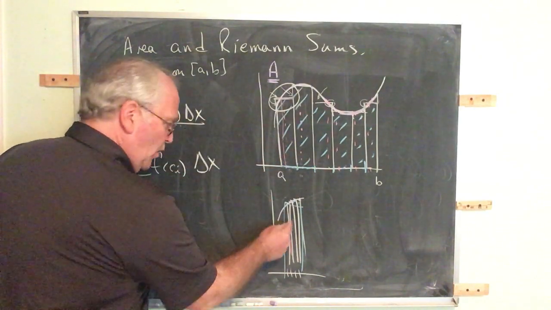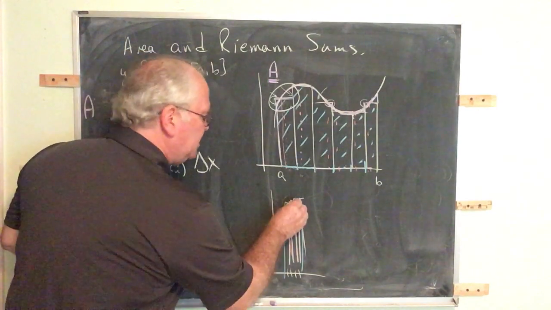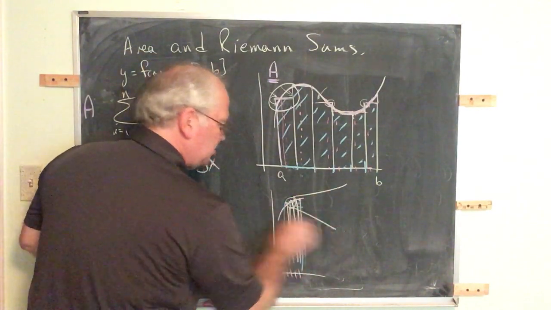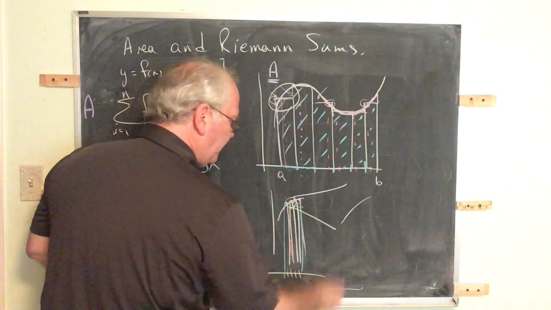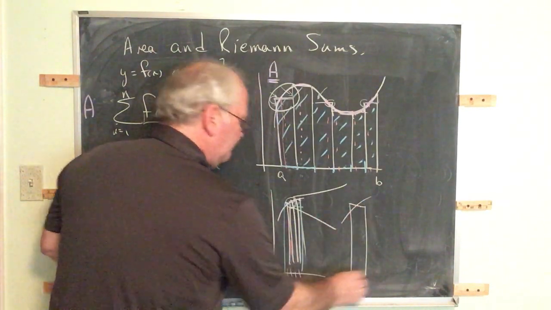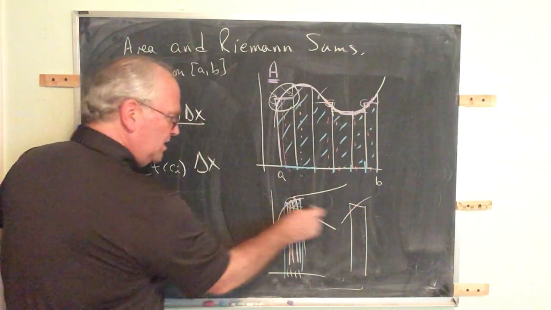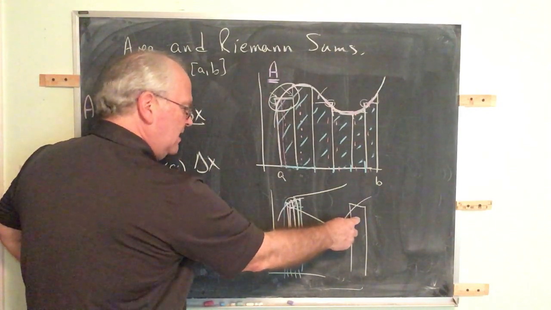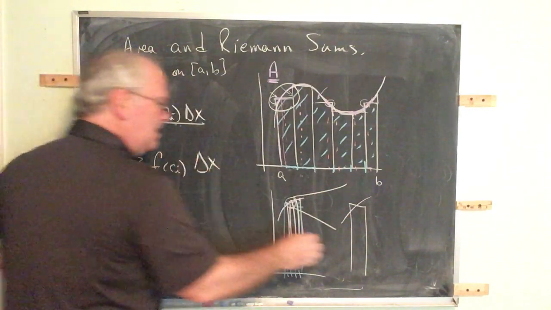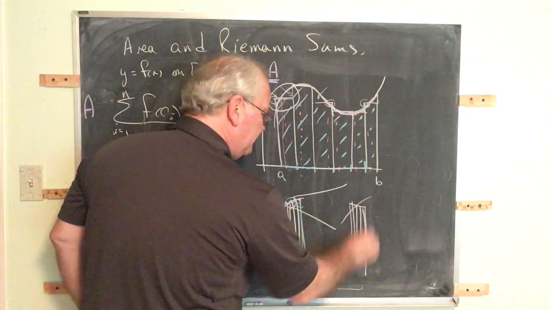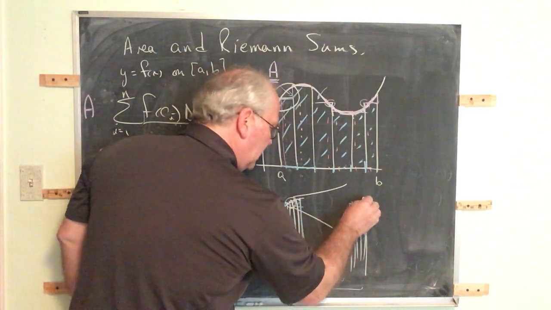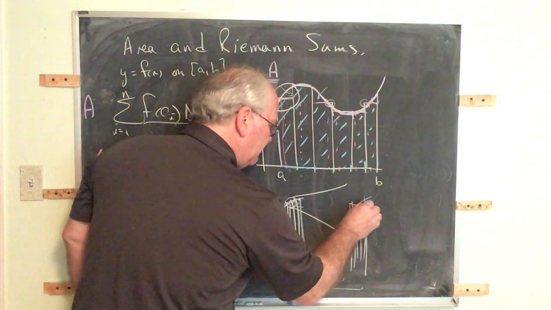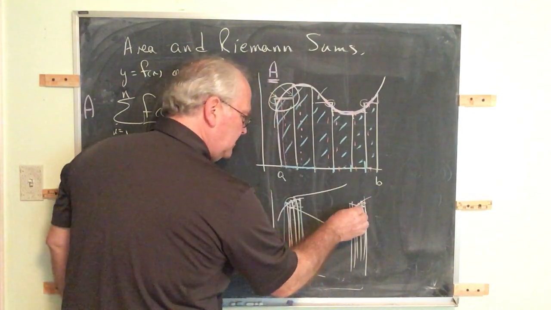And then we refine those, because now we could zoom in on this picture even more. Each one of these tiny ones would look like this if we magnified. But then we refine the partition again, and more and more of these get used, and fewer and fewer.